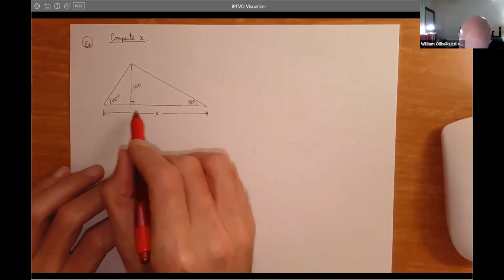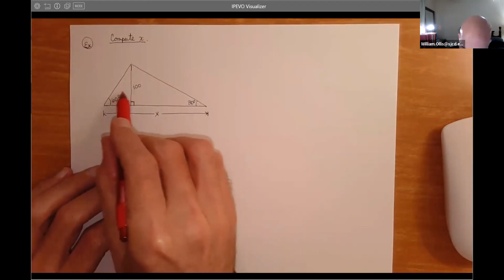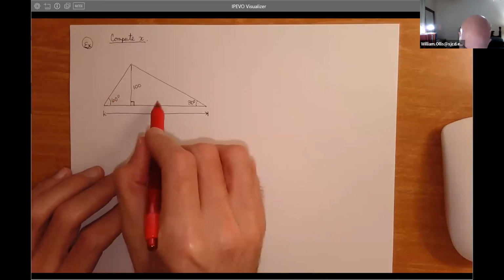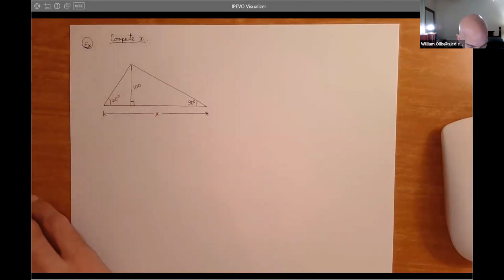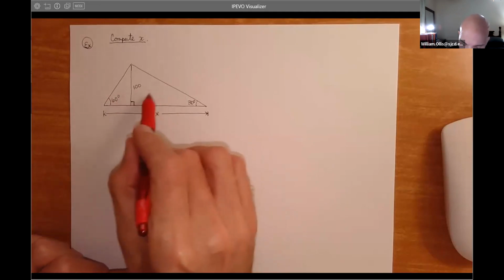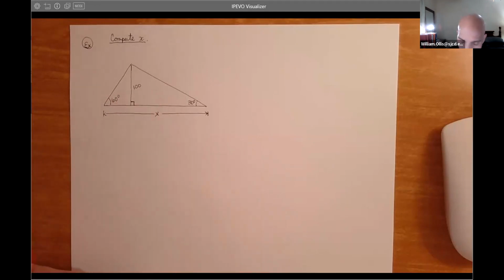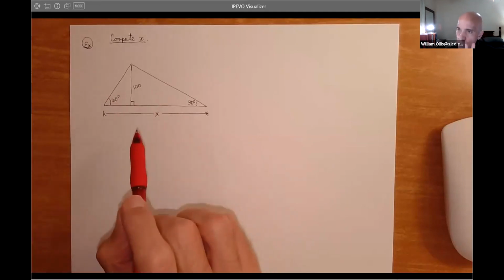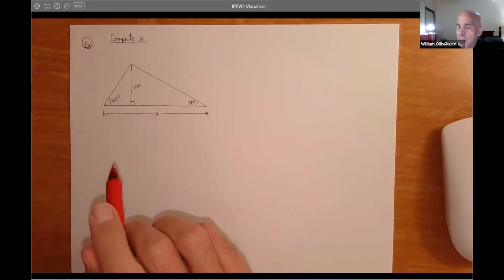So now what we can see here is that we've got two smaller right triangles embedded here. And so if we look at the embedding of the smaller right triangles, we can just break up X into two quantities very simply. Now, when that's the case, ladies and gentlemen, you can make new labels.